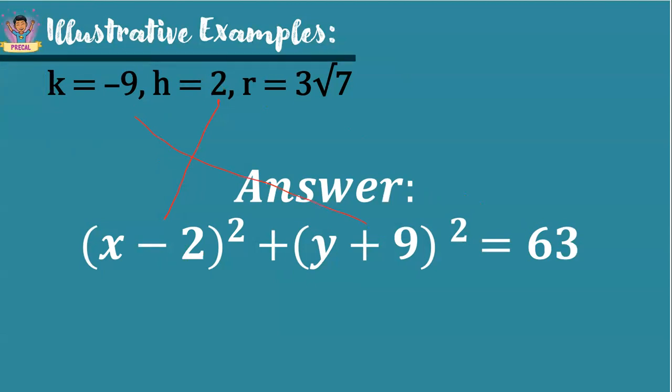And then to get 63, we have to square the entire radical. So it becomes 3 squared, and we have the square root of 7 squared. So 3 squared is 9, and then we cancel the square root and the square. So that becomes 9 times 7. And 9 times 7 is 63.